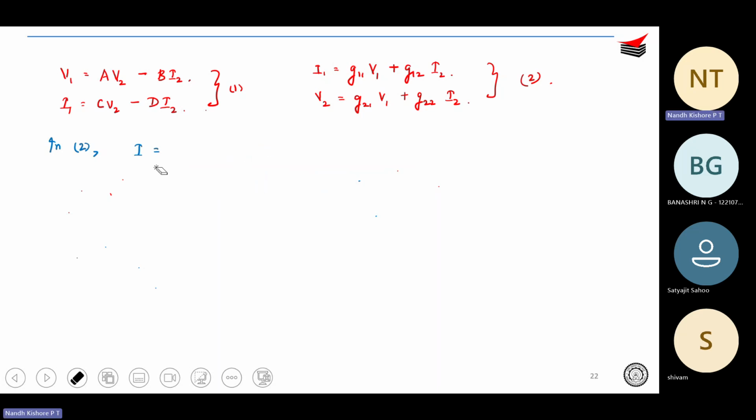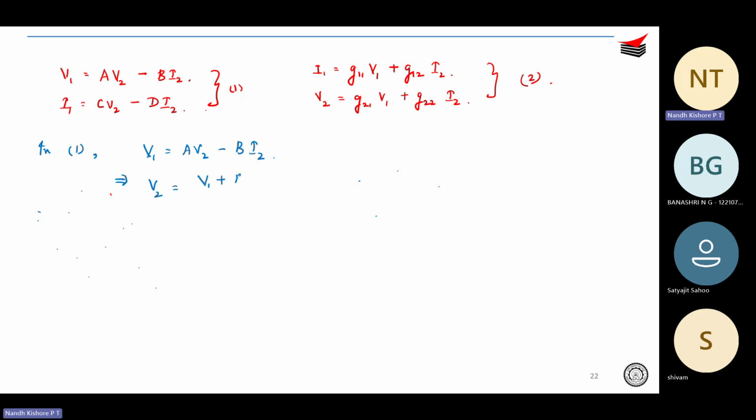And to make things simpler, I will go to 1. And what is V1? V1 is equal to A V2 minus BI2, which means that my V2 is equal to V1 plus BI2 by A. Correct? This is my 3. So V2 is equal to V1 plus BI2 by A. Okay.